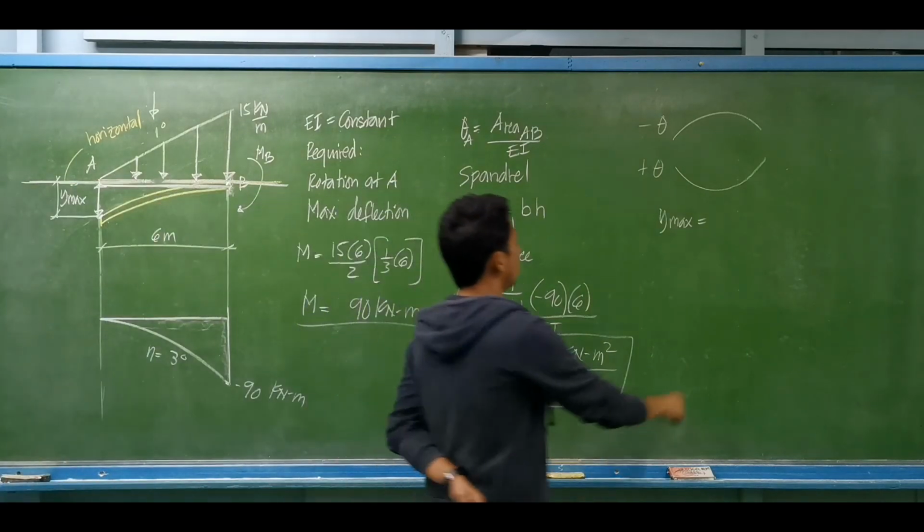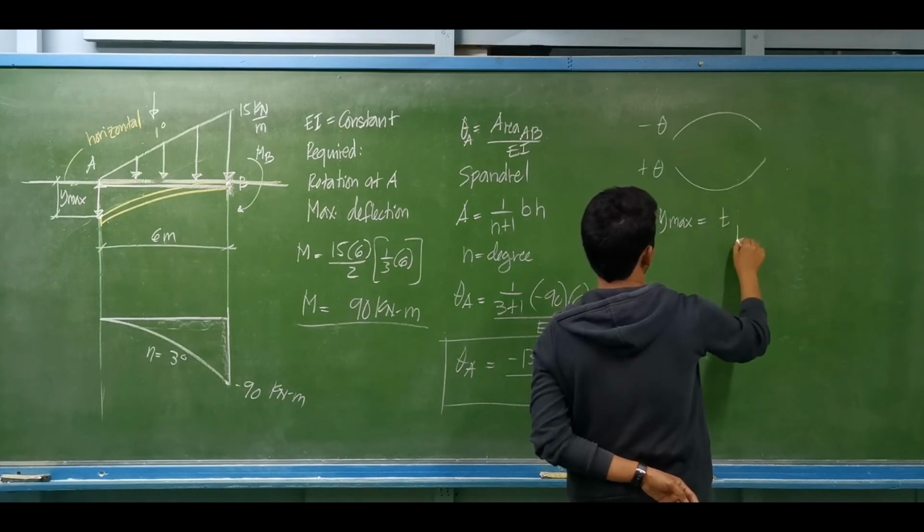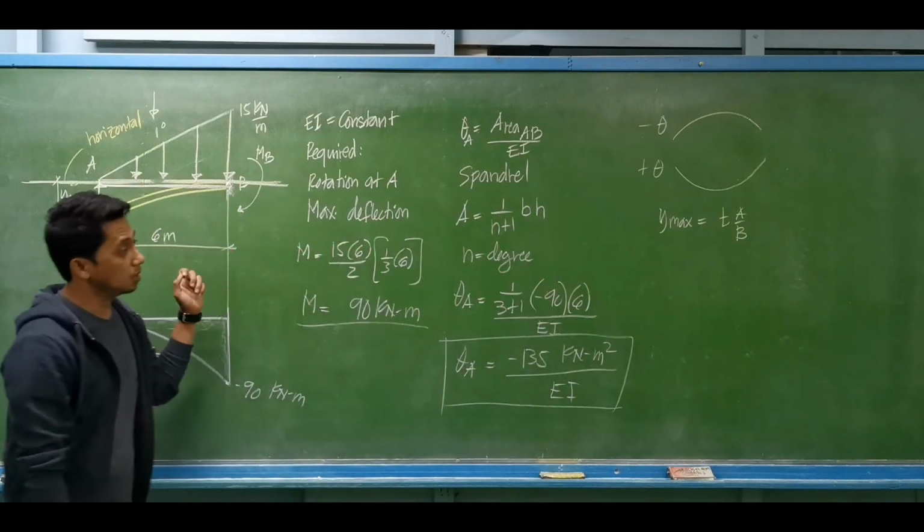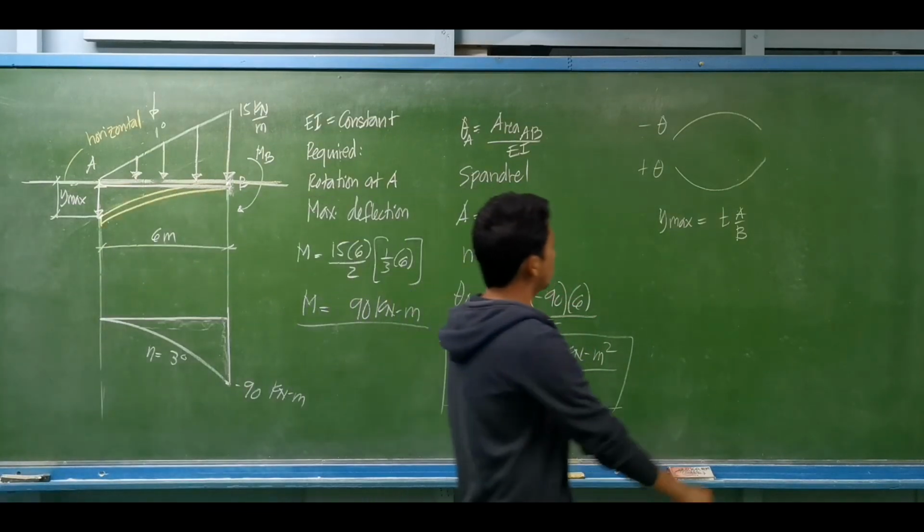So this is the same as the deviation from B to A. That is the equivalent of the maximum deflection for this example. How do we compute that deviation?